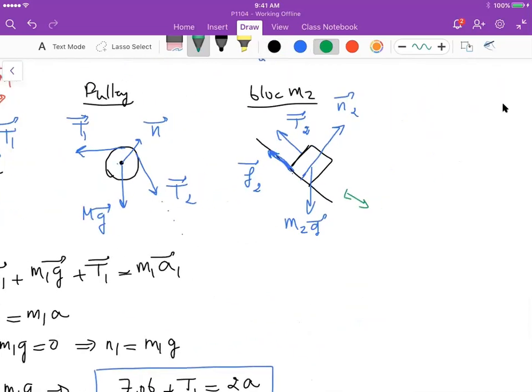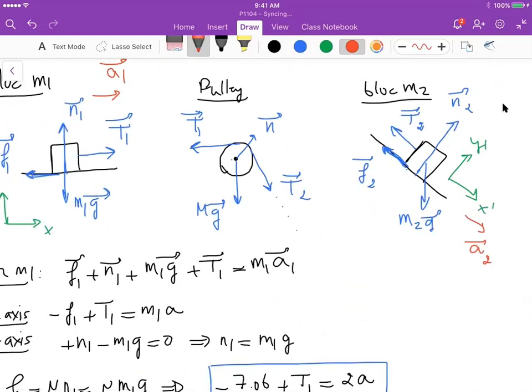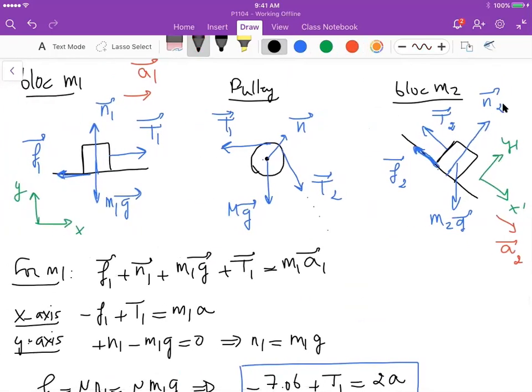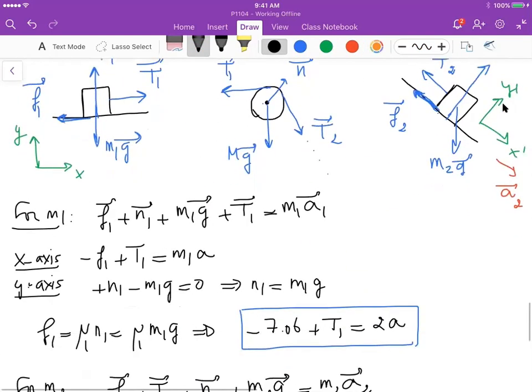In this case they will be a bit different, because we will take the X axis to be in the direction of motion. Let's call them X prime and Y prime. And we must not forget that the block M2 is moving downward in this way. This is A2. So we took X prime in the same direction as A2. And now all we need to do is make the projection.